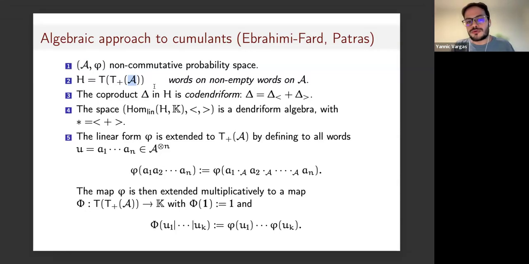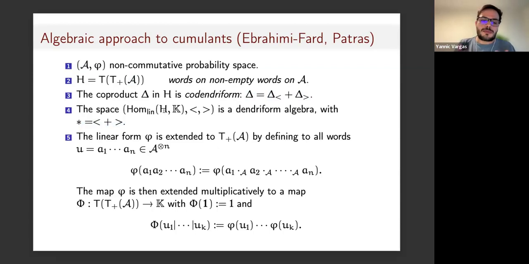And the coproduct that I showed you before has a nice property. It's called codendriform, meaning that you can split it in 2 parts, which are not co-associative anymore, but they are related in a very nice way. Then when you look at the dual, the space of linear maps from H to K, this coproduct and these splittings become a splitting of a product on the dual of delta.